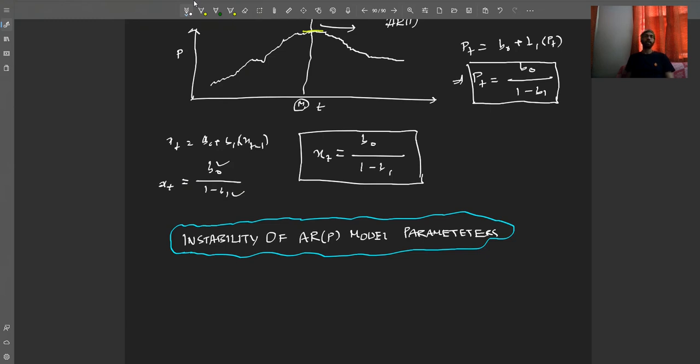Instability of AR model parameters. Parameters means we are talking about B0, B1, B2, etc. These coefficients and intercept. We are talking about the parameters. So why are the parameters unstable, friends? Specifically being a time series, what happens is many a times there are regime changes which influence the regression model itself.